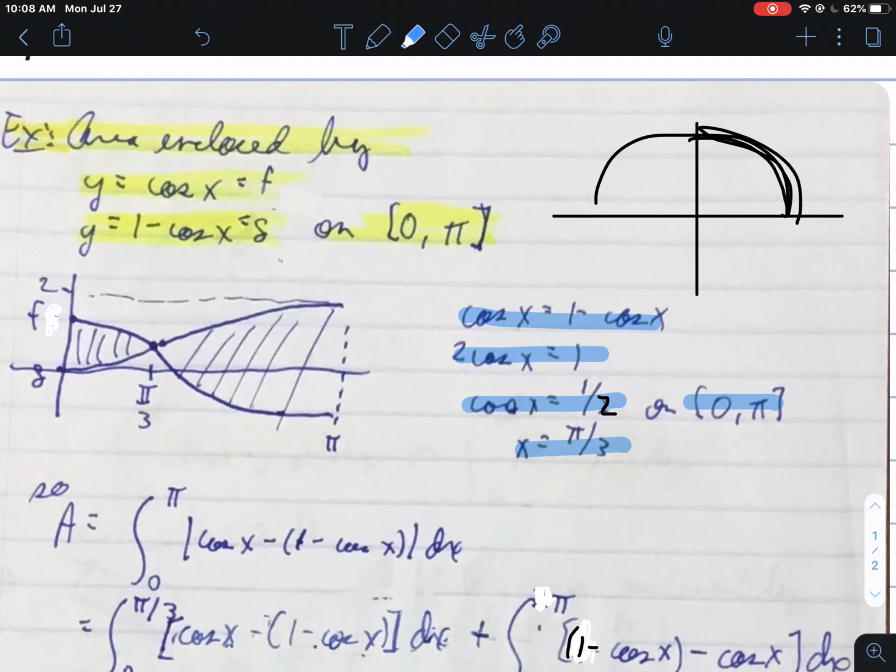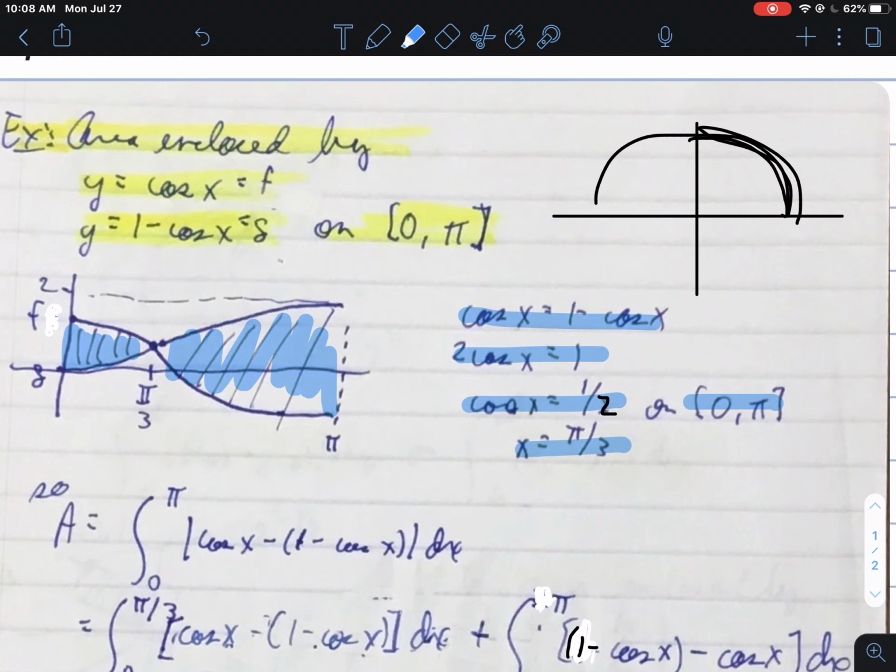So that means I'm going to have to split my interval from 0 to pi at pi over 3. Now notice, because I do have to graph these to see which one is which, on the interval from 0 to pi over 3, f is the top function and g is the bottom function. And over the interval from pi over 3 to pi, g is now the top function and f is the bottom function.